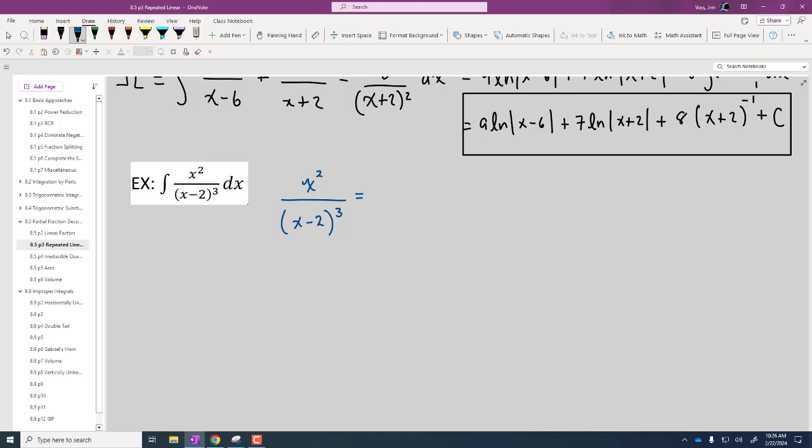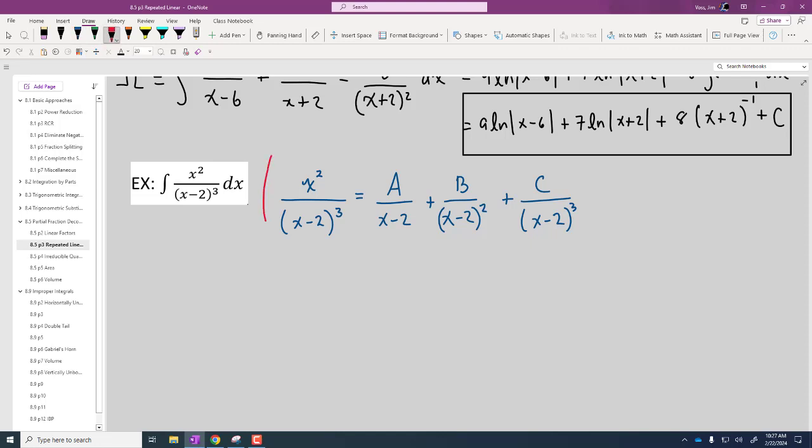And this is going to be split then into a partial fraction for each power of that repeated linear factor. So that's going to be what our next step is, the form of our PFD.